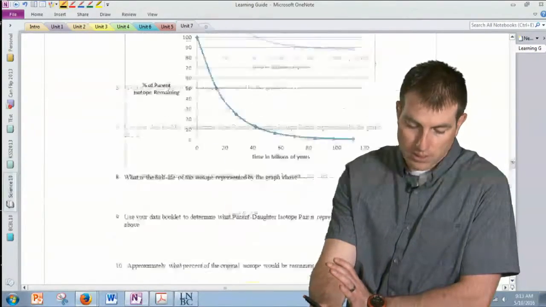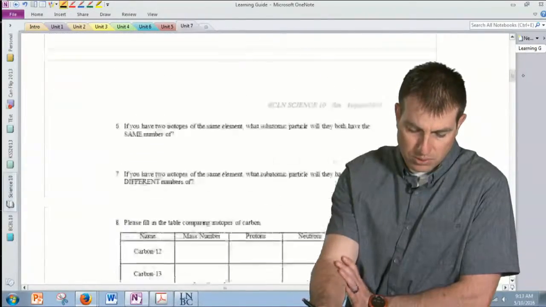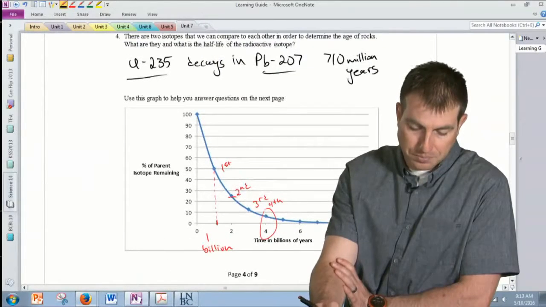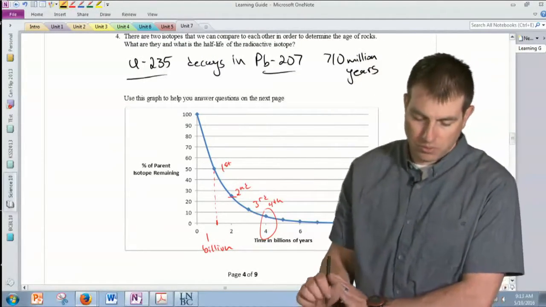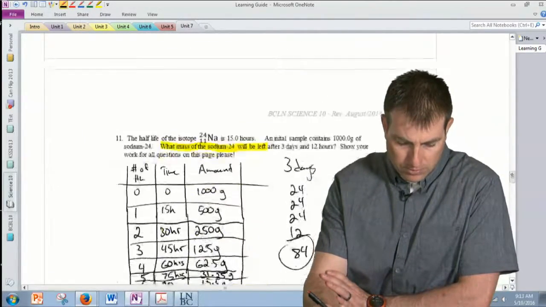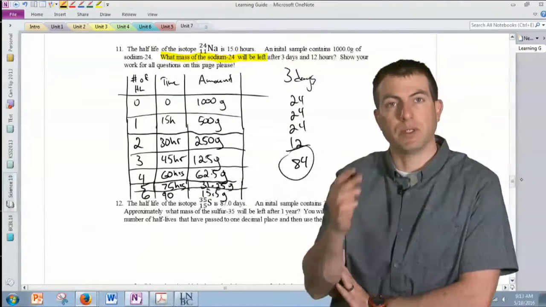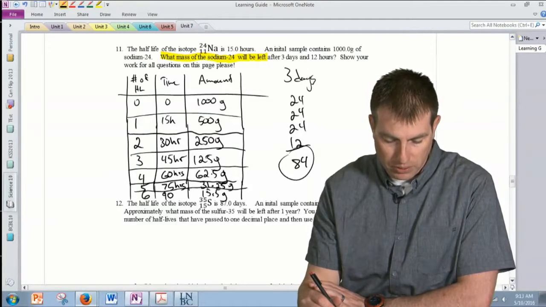So it's asking us to do the same sort of thing and then refer to, of course, there is no graph on page 2. You can use one of the charts from up above. Once you figure out the half-life, you can use one of those half-life and percentage charts that we've drawn a few of to figure it out as well.